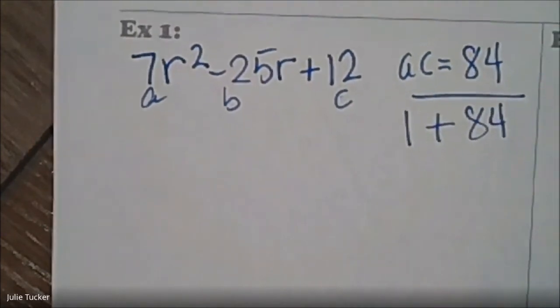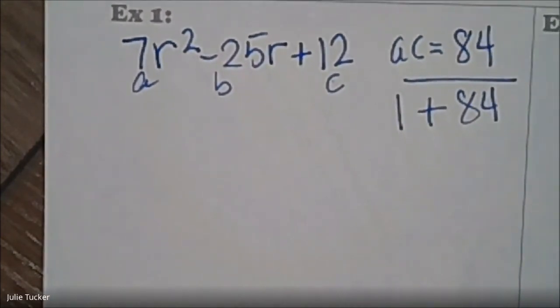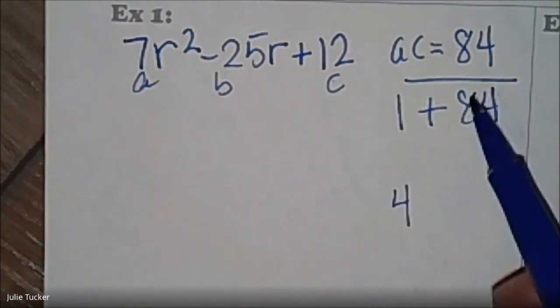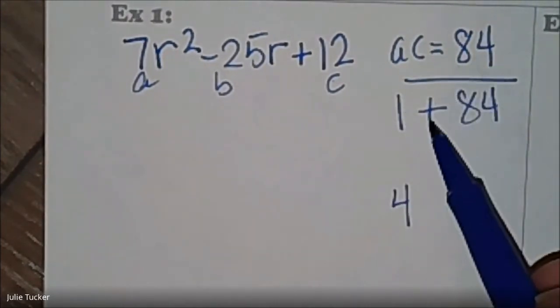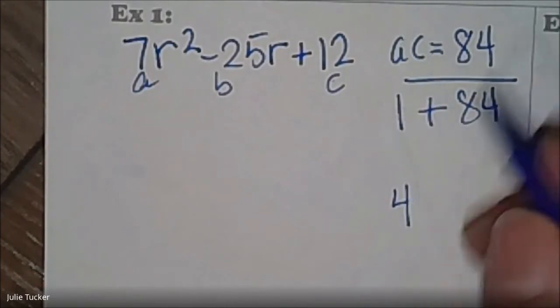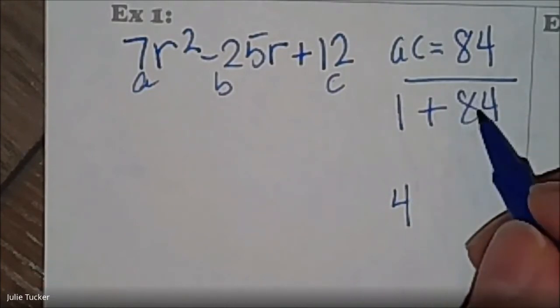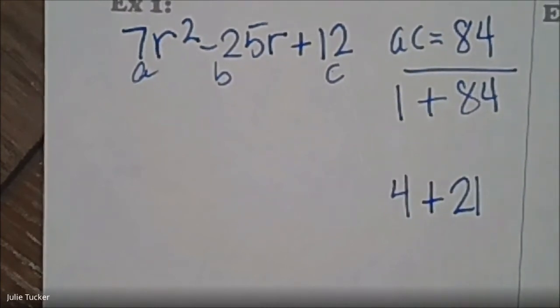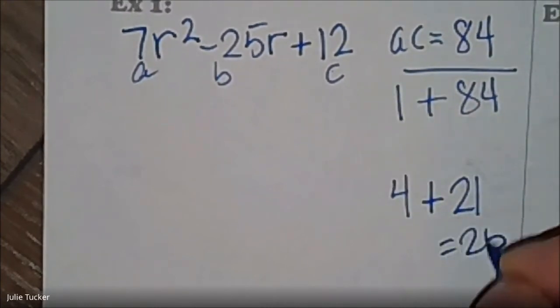So I could jump ahead a little bit. Why don't I go down to like 4? Because I know it's not going to be close to the beginning. So if I do 4, oh, that's actually it. 4 into 84 is 21. And 4 plus 21 is 25.